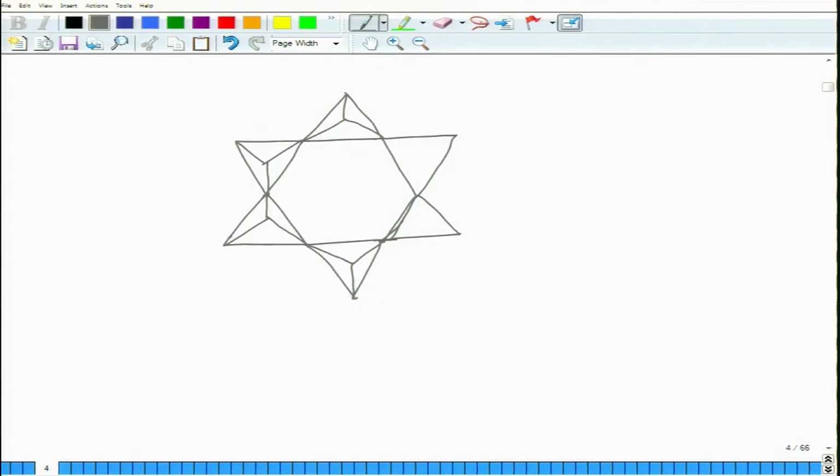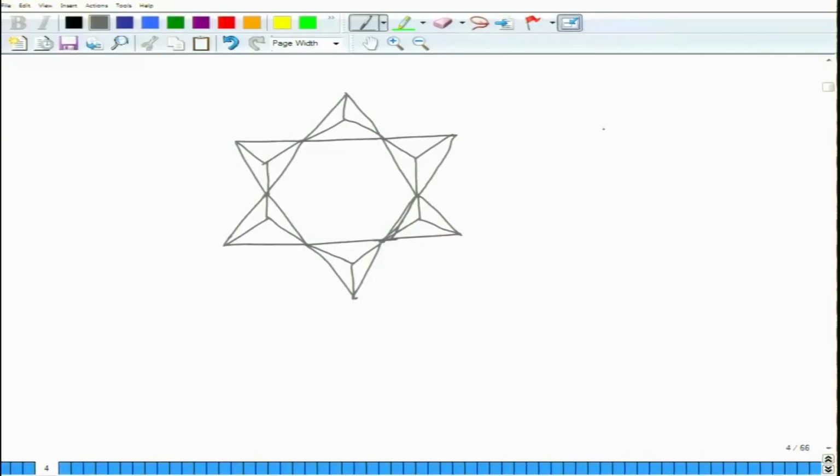How is electrical neutrality achieved? You have one shared here, another shared here, another shared here, and another one shared on top. It is a 3-dimensional network; what I am showing here is in 2D. Each corner is shared by 2 polyhedra.